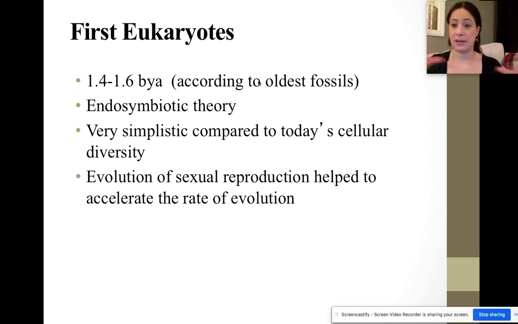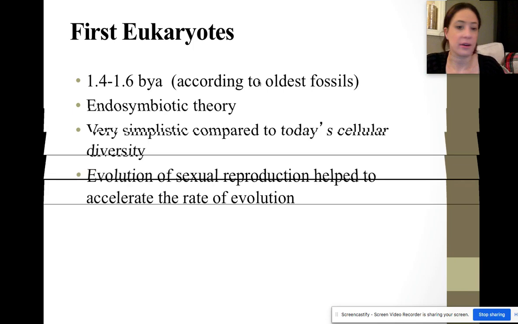And with sexual reproduction, that leads to variation, and that would accelerate the rate of evolution, because with sexual reproduction, we have a recombination of genetic information, and that is going to allow evolution to occur at a faster rate.